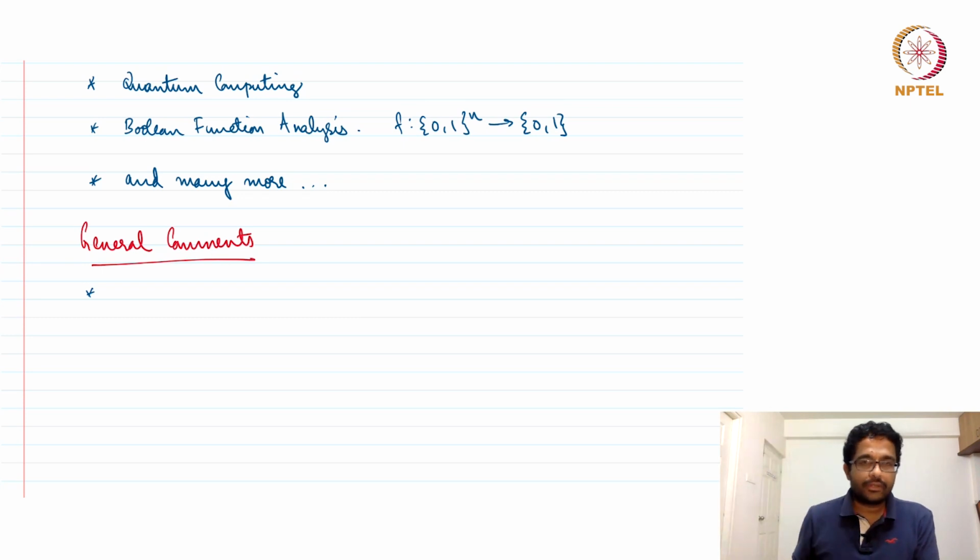I know that many of the students may be learning from different backgrounds, so I have tried my best to explain the content in as much detail as I could. But at the same time, I also wanted to do justice to the course material. It's a graduate level, postgraduate or PhD level course in computational complexity. So I had to balance between these two.